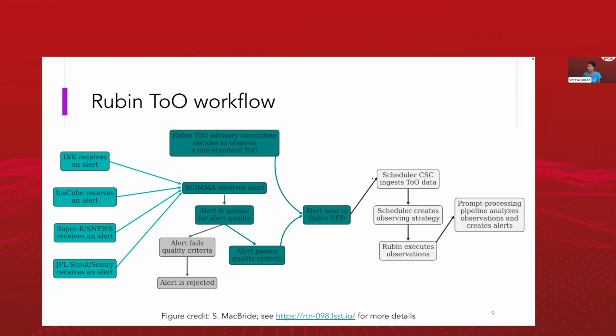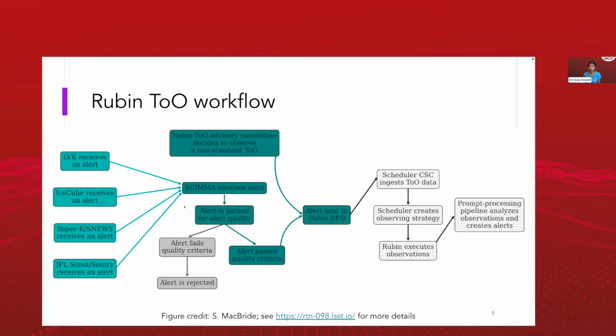And from there, it's sent to the Rubin scheduler, which proceeds to create an observing strategy for conducting the observations for that night. And after that, it's executed by Rubin and then passed on to the prompt processing pipeline for analyzing these observations and creating the alerts.